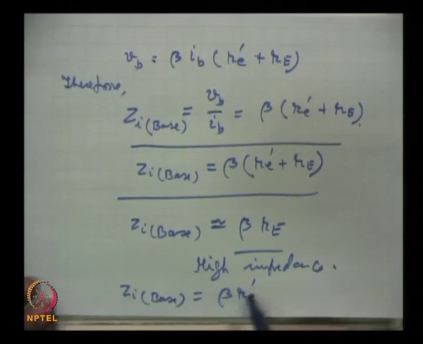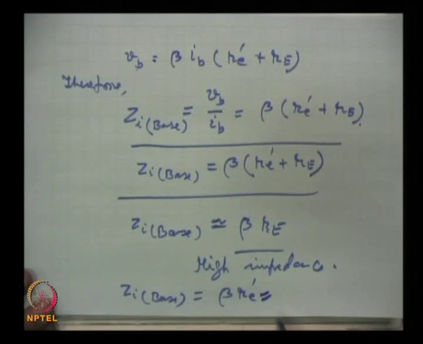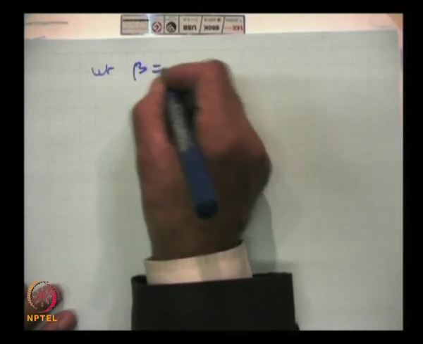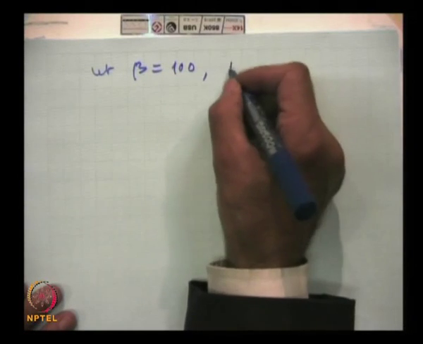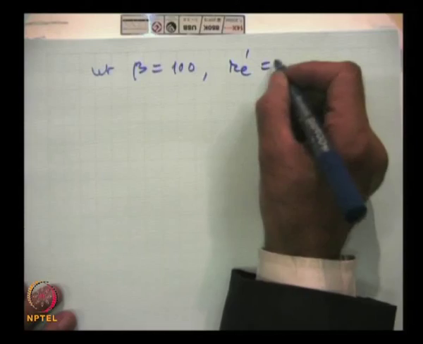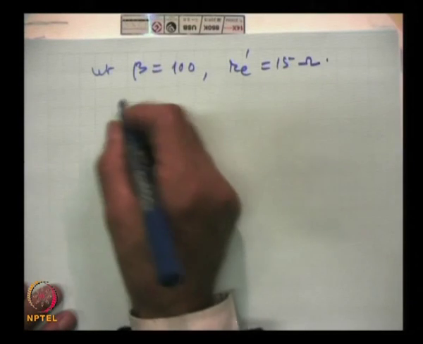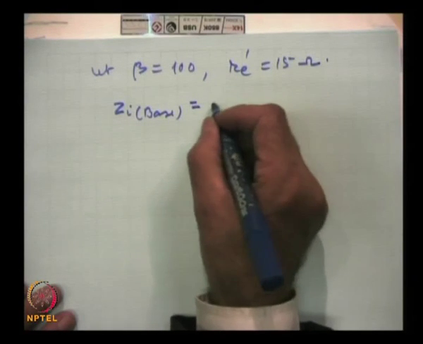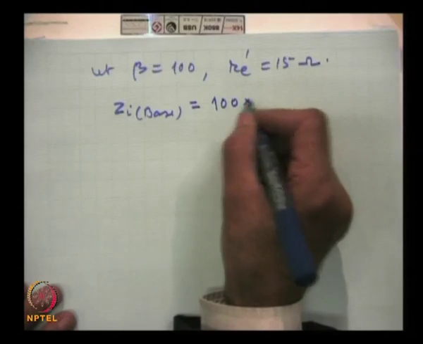So, this is certainly not as high as before, but the problem with this is that this parameter being temperature sensitive, this impedance will keep on changing as temperature changes. So, let beta be 100 and dynamic ammeter resistance 15 ohms, then Z I base equal to 100 into 15.